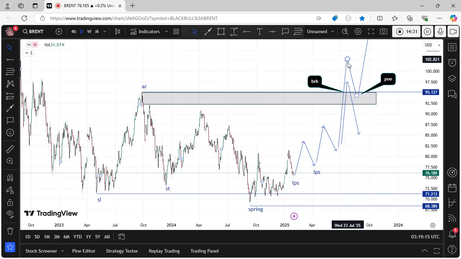When price comes back to the 92 to $95 zone, that will be your point of entry, which is POE. So what is the future for Brent crude oil? The future for Brent crude oil is bullish. So guys, you can make a long entry on Brent crude oil.